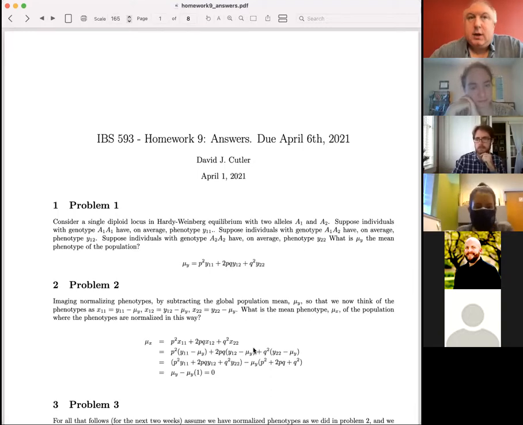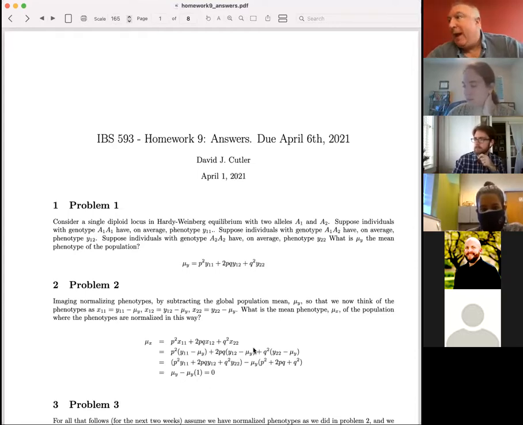So always subtract off the global mean and start dealing with this other transformed variable that was your original one minus the global mean. When you go back at the end, add back the global mean. But as we know, subtracting a constant doesn't really do anything to most of our key expectations.